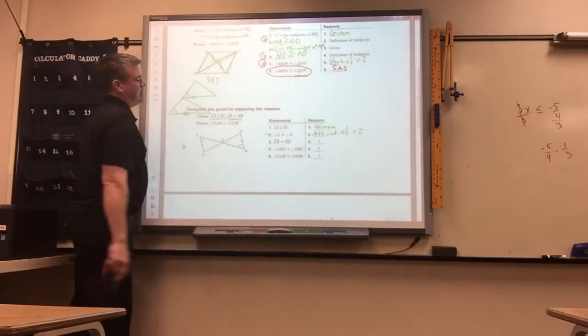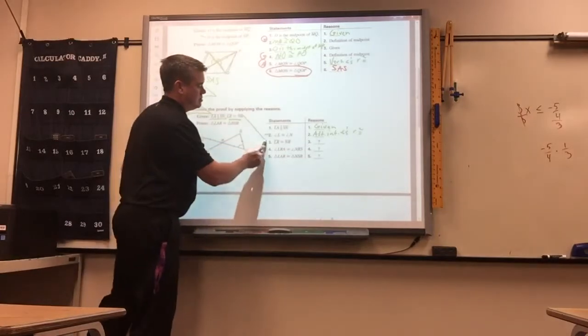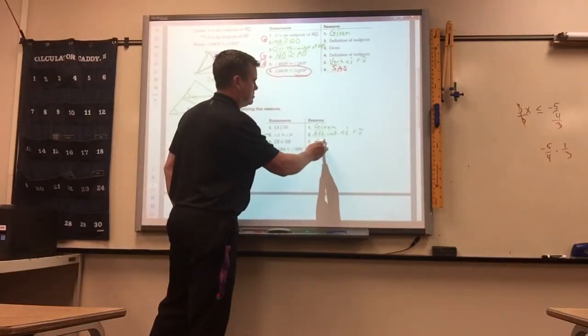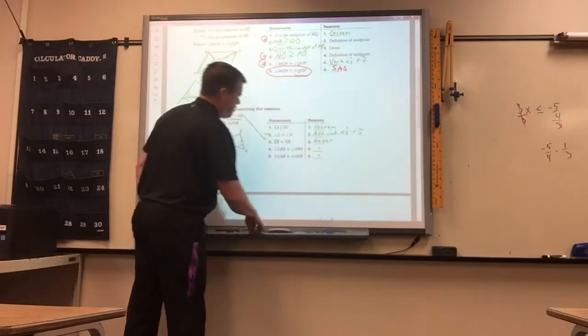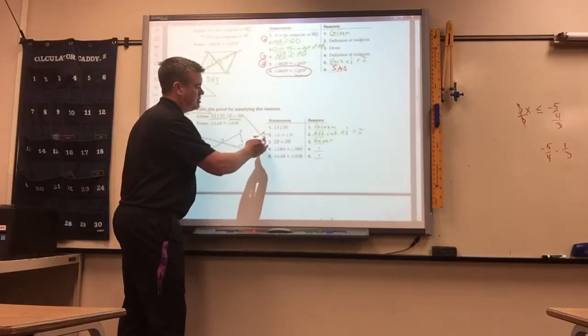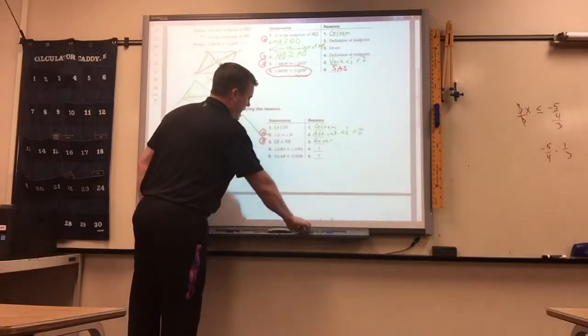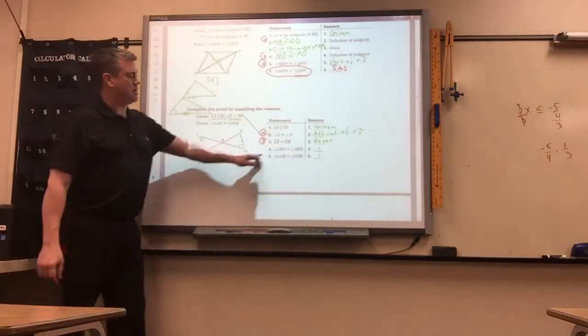Then they did the second given. So far we have an angle here, we have a side, and then down here they put in another set of angles.